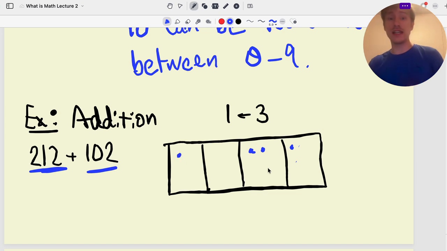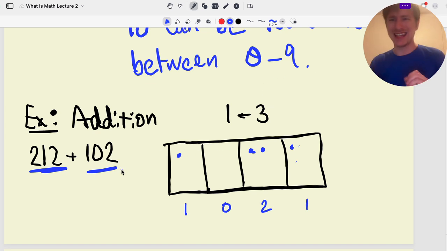And so what we really get is the number 1, 0, 2, and 1. And indeed, in a 3-1 machine, 212 plus 102 is equal to 1021. As strange as that is, that's what you get when you only use that many symbols. Okay? We get a seemingly really large number.